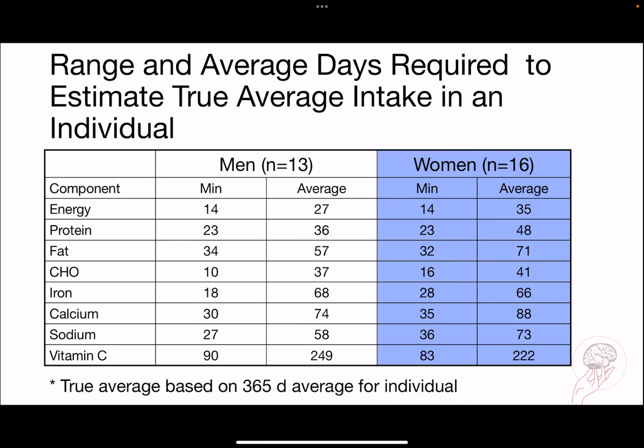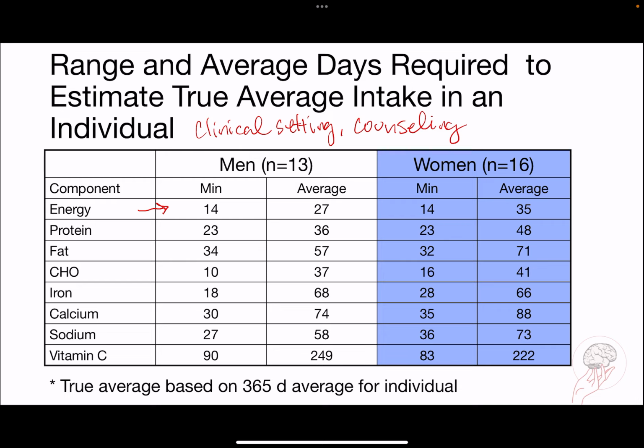If you want it for an individual person, so now maybe you're in a clinical setting, maybe you are counseling someone, now you really need around 2 weeks of dietary recalls to get an average intake for an individual person.